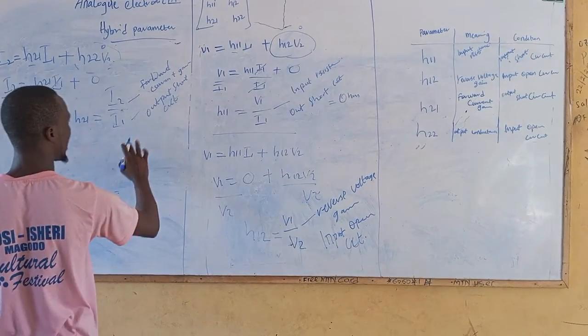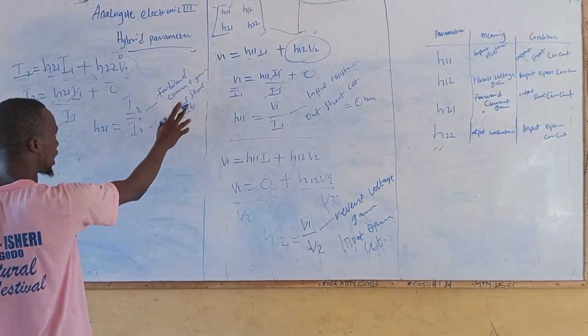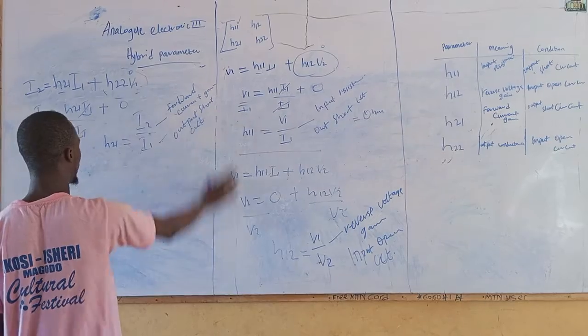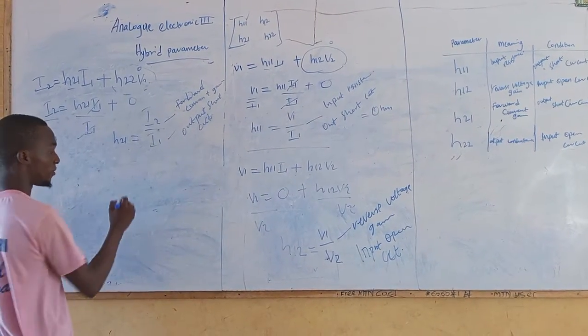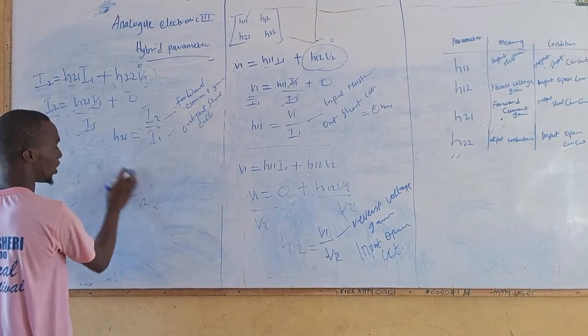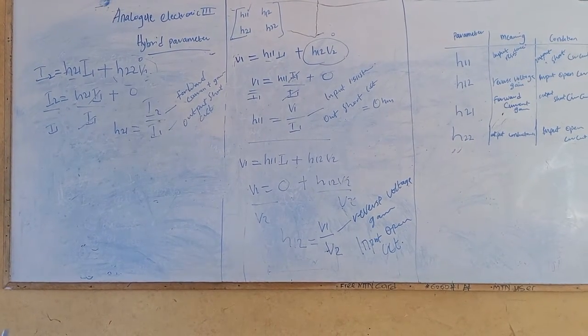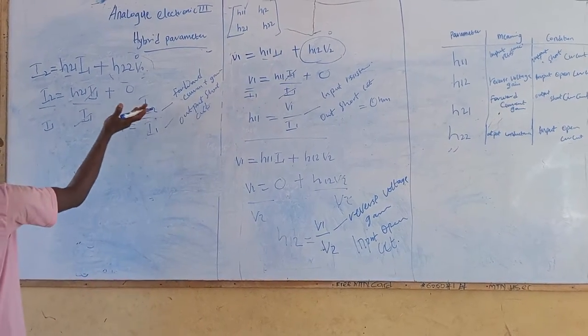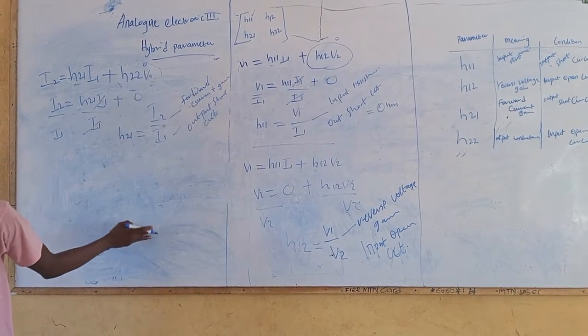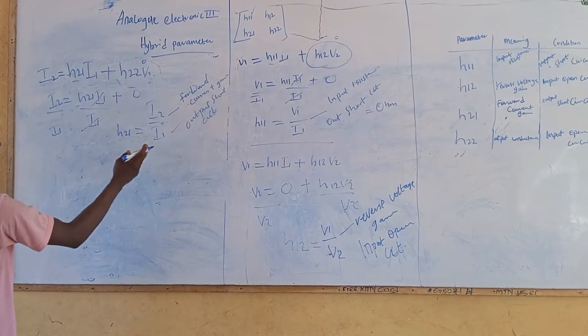So when it is output short circuit, we have forward current gain. You know, when we have V1 over V2, we have the reverse voltage gain, because V1 is upward and V2 is downward.